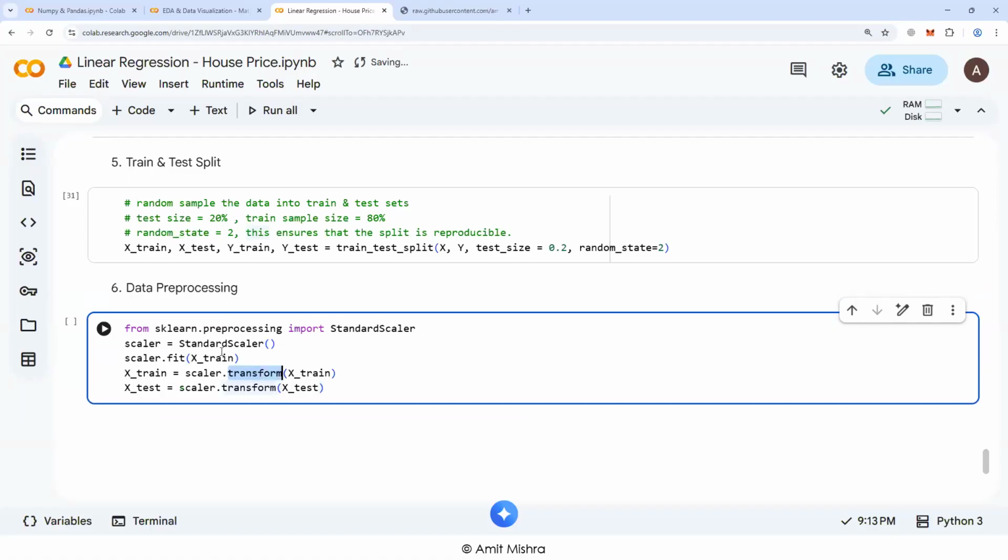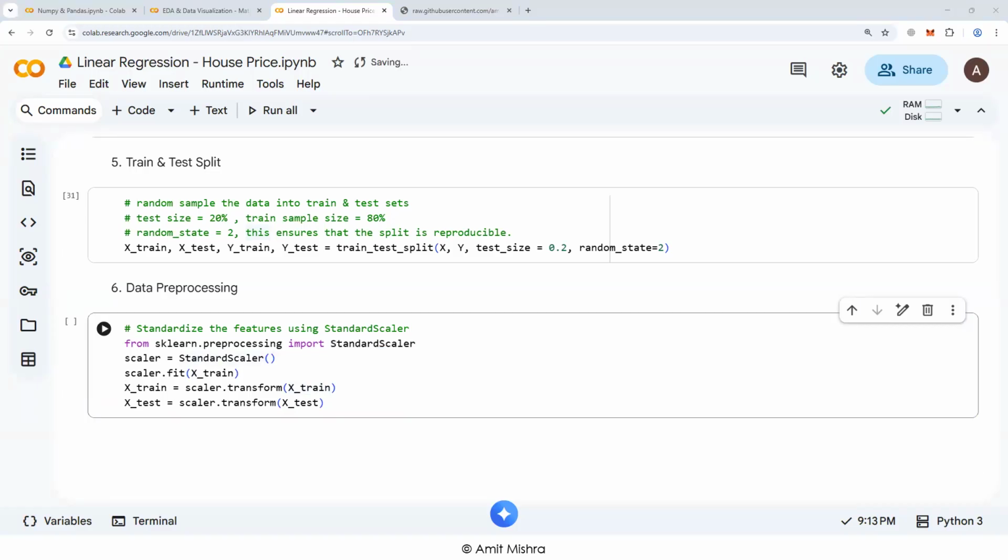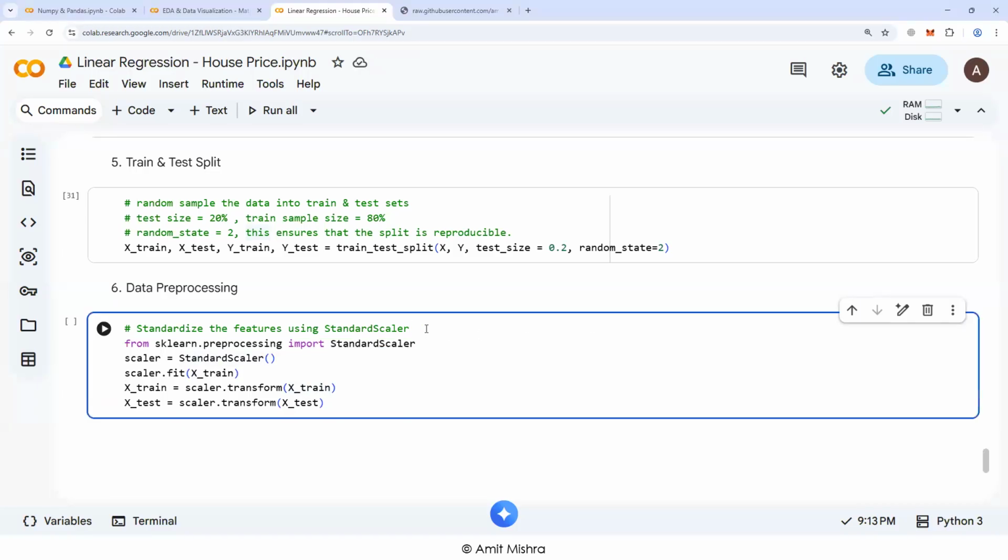What we are trying to do is fit the scaler on the training data, and then make the transformation. This is to standardize the sample data. We standardize the features using the standard scaler, which basically transforms the data.